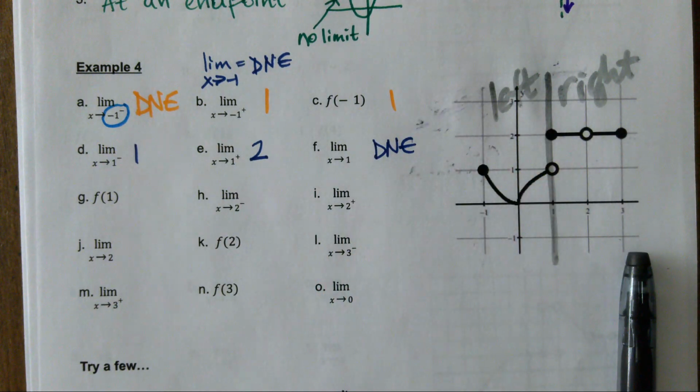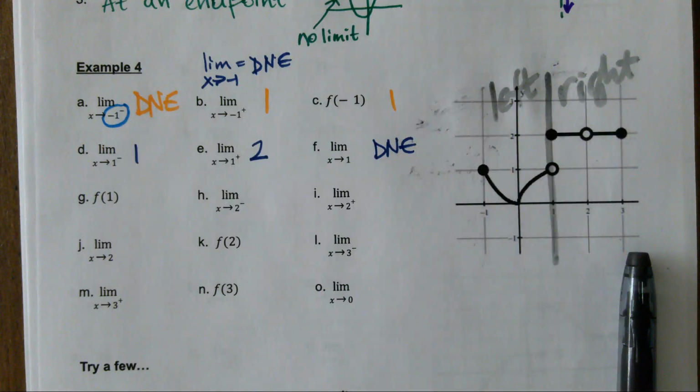How did we get to it? Why didn't we start at the open circle of 1? Because this tells me I am getting closer and closer to 1 from the positive side. So I'm heading towards 1 in this direction. So I'm following this graph from this direction, oops, jump that hole, until I get to 1.